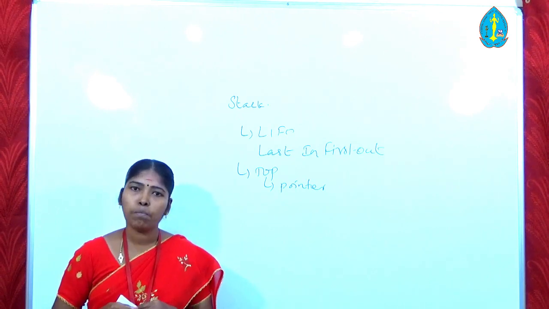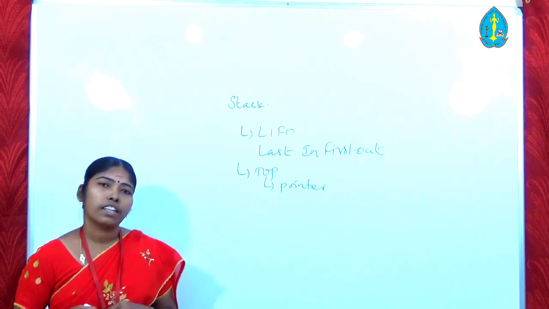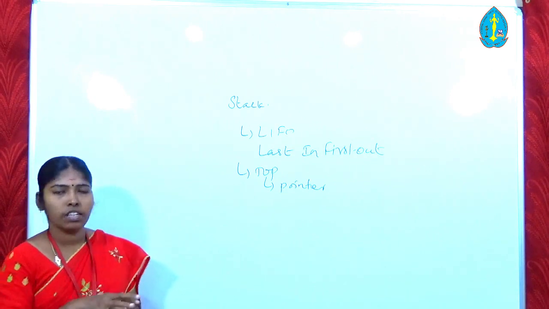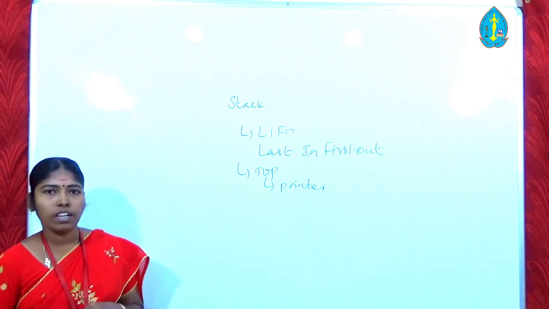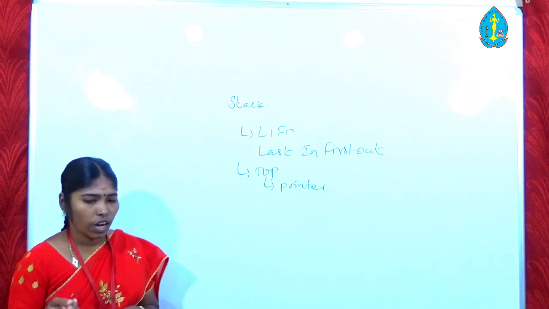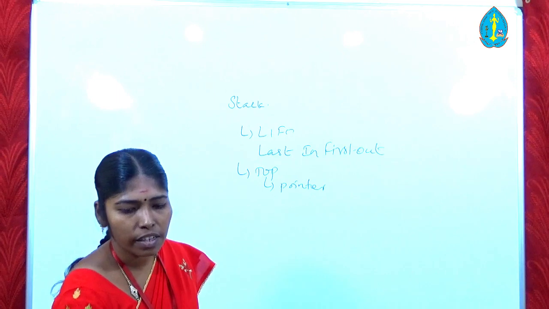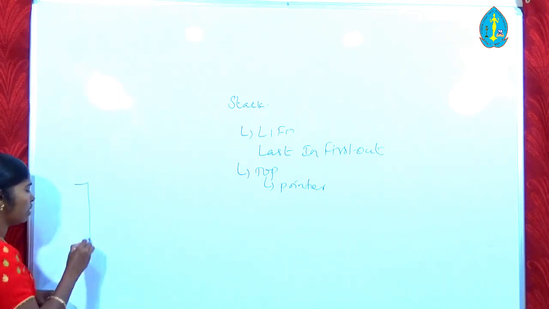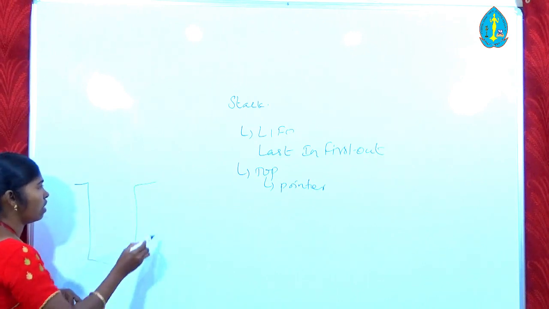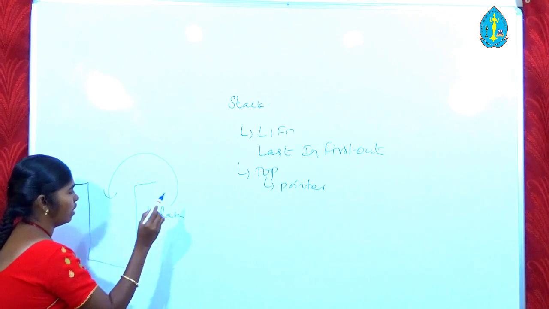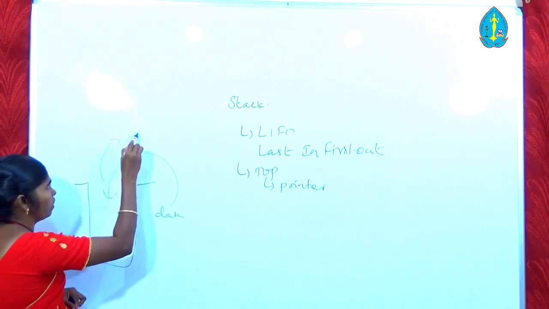Friends, you have to imagine a container. In that container, we store items, like chocolates. The container is a closed element of a stack. We store the data in that container using the top pointer.